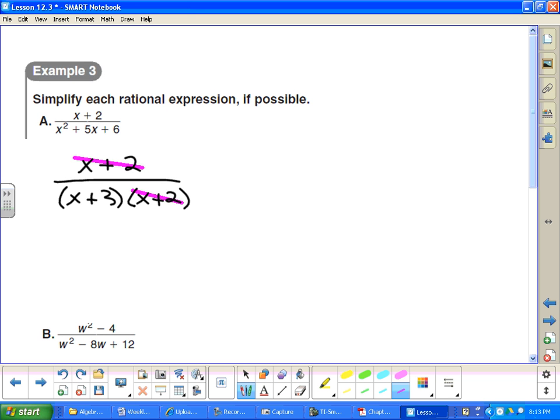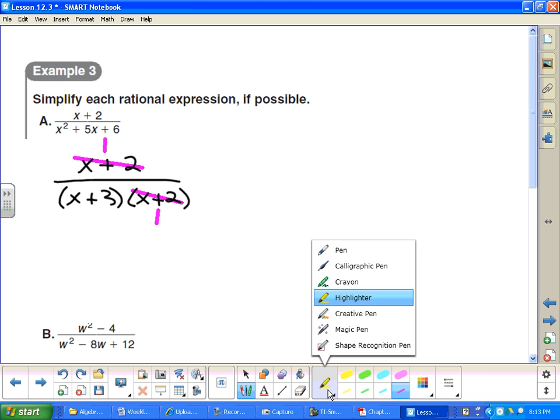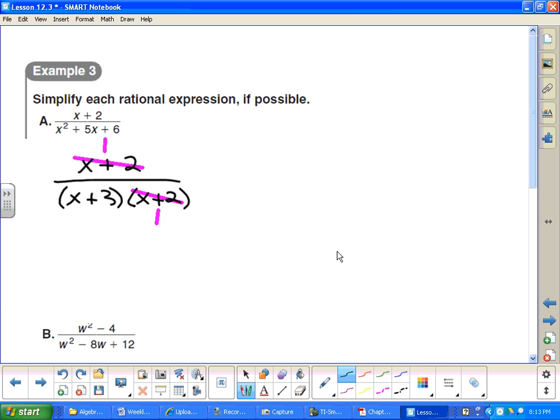Remember that I'm saying, okay, how many times does x plus 2 go into x plus 2? Well, it goes into itself one time. Don't forget that. Which means then that I have a 1 in the numerator and x plus 3 times 1, or x plus 3, in the denominator.